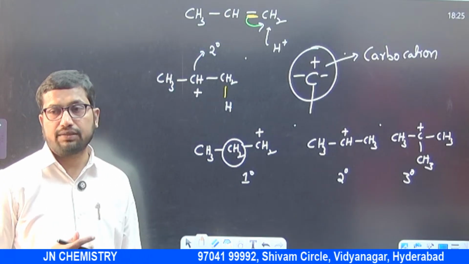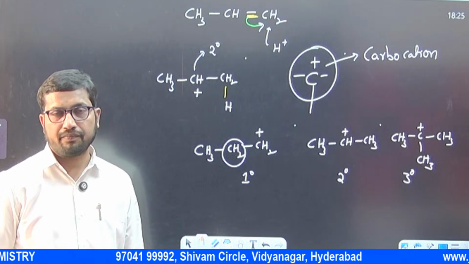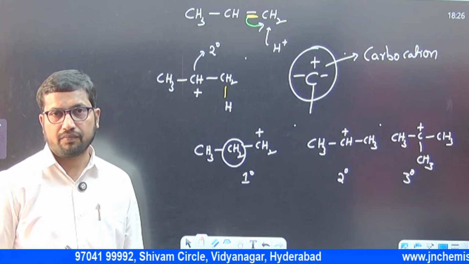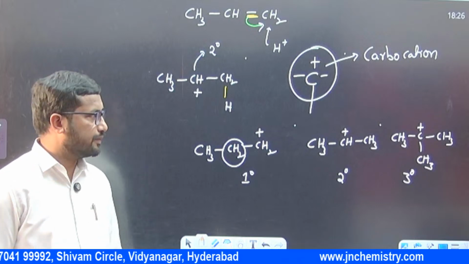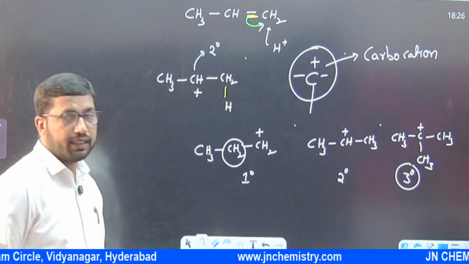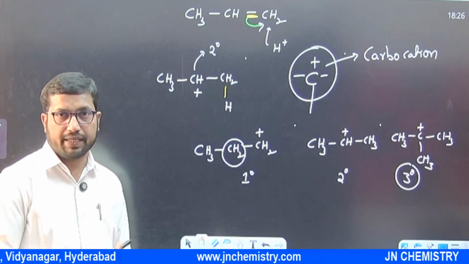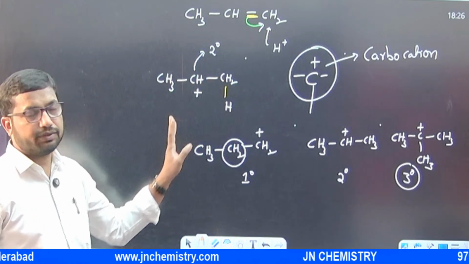Vaishali? 3-degree carbocation. I'll explain later why 3-degree is more stable. First, I'm just discussing how the bond is breaking.